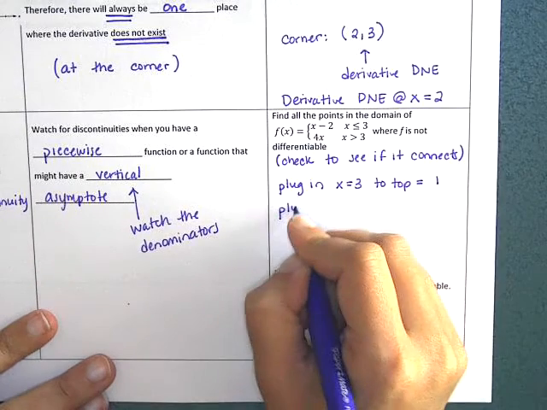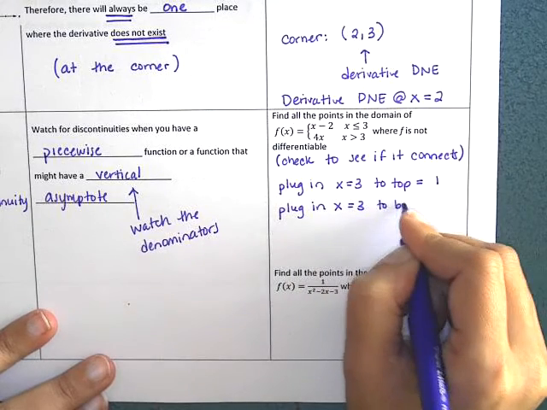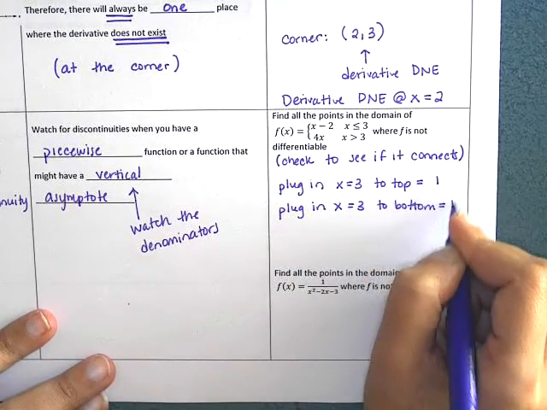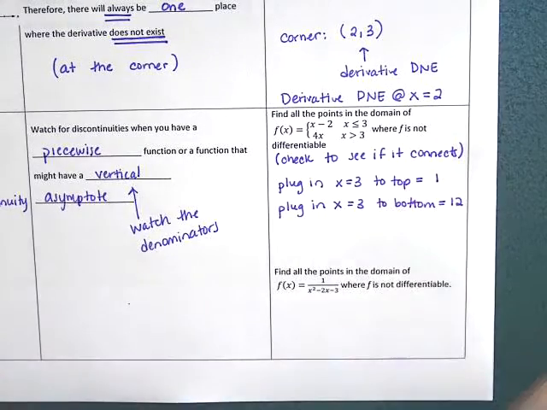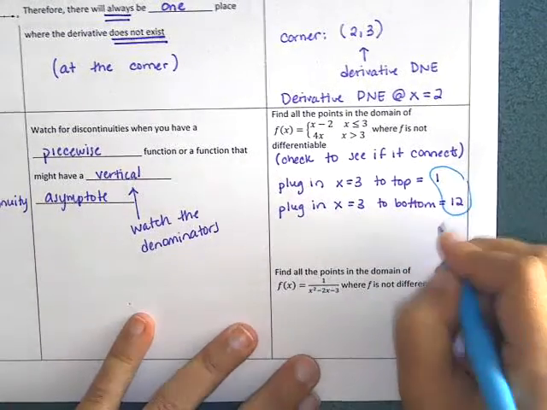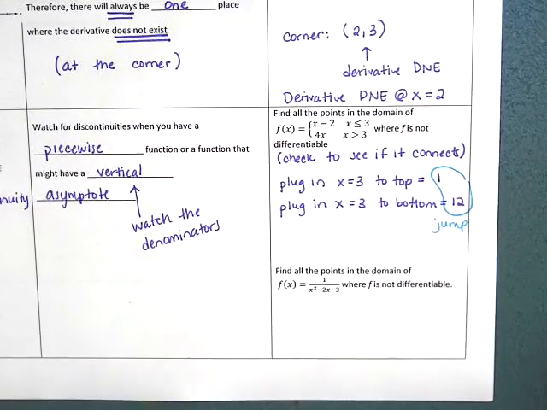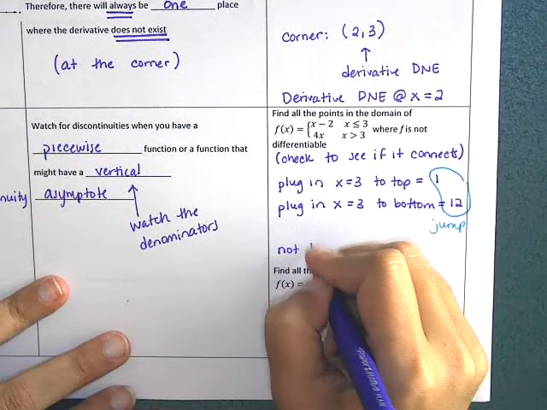And if I plug in x equals 3 to the bottom, I get 12. Since these y values don't match, there's going to be a jump in the graph somewhere. There's going to be an open circle and there's going to be a jump.